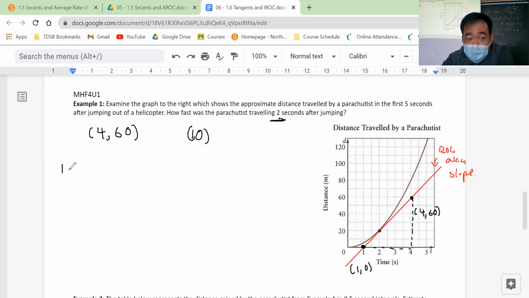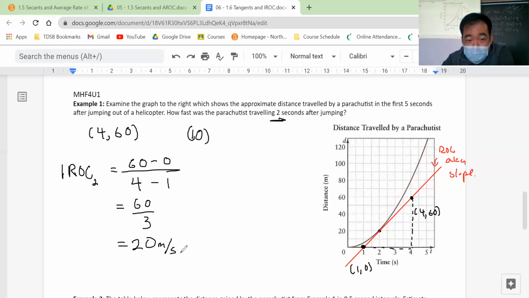So the instantaneous rate of change at 2 seconds is going to be 60 minus 0 over 3, which is 20. At 2 seconds, I'm going to estimate the rate of change of the distance is 20 meters per second. I have increased my distance traveled by 20 meters every second at that point.